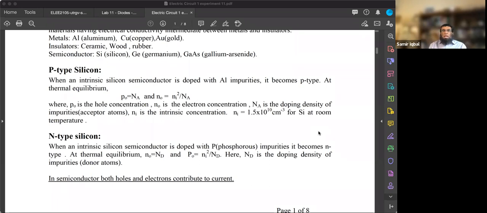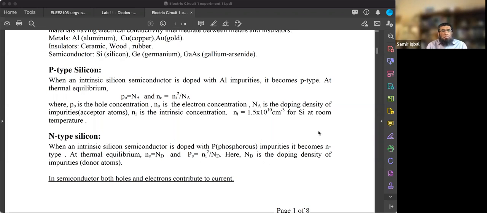But if you add a material that causes an excess of holes, a hole is basically the absence of an electron, but we count it as a positive charge. So if we add a dopant which causes many more holes, we call that P-type material, or P-type silicon, or P-type semiconductor.